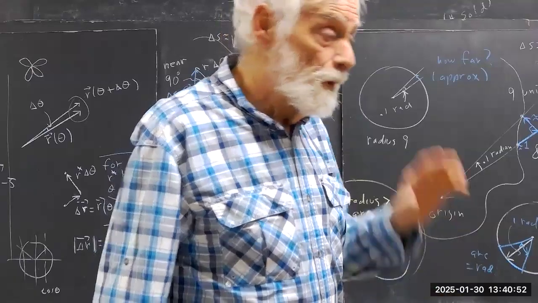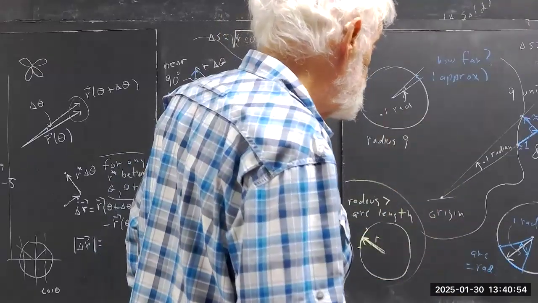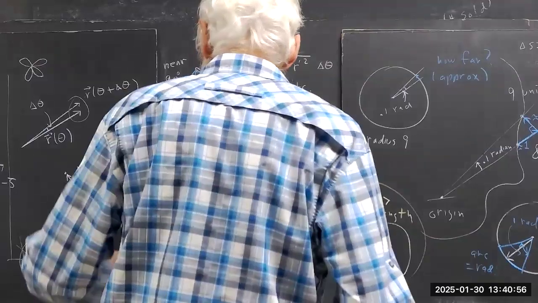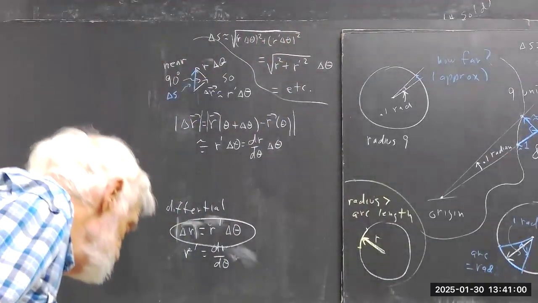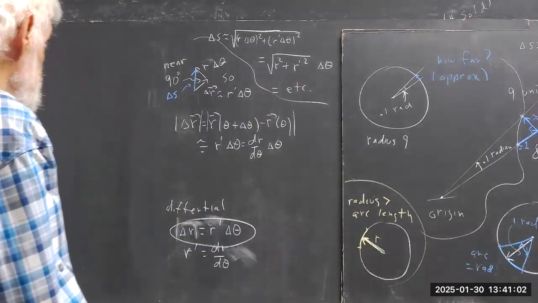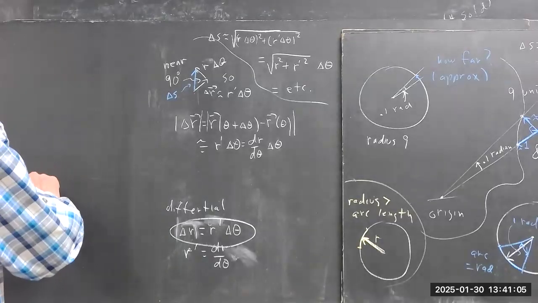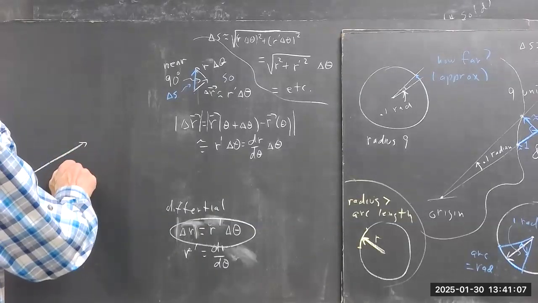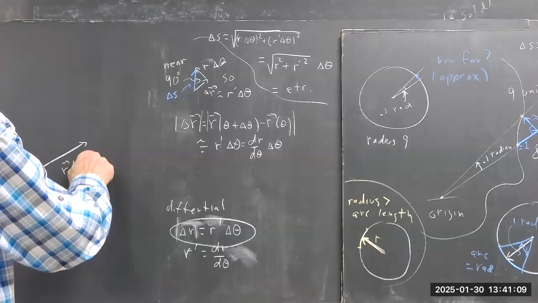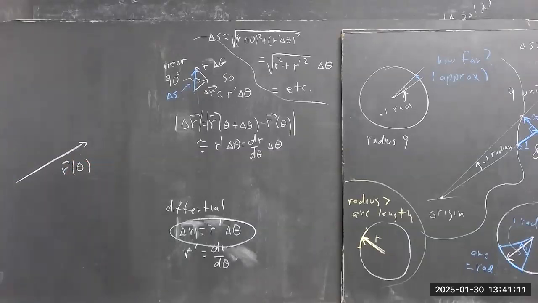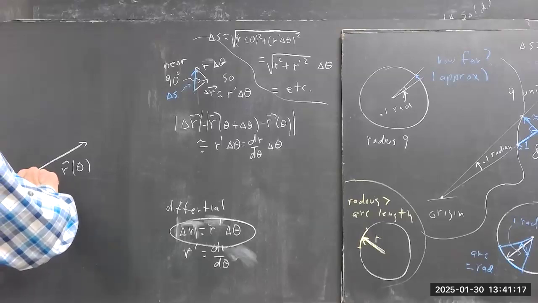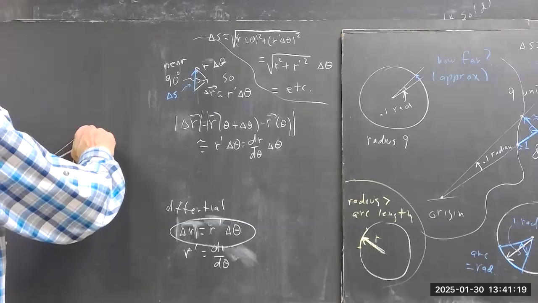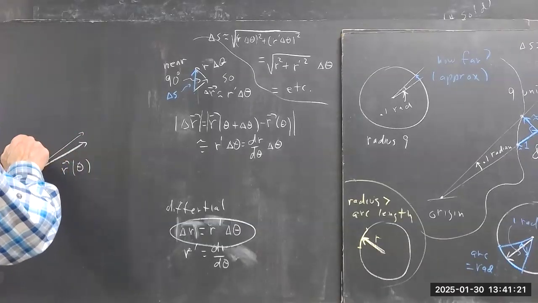Okay. That area, is there a picture that's on. Okay, here's R theta. Here's a small delta theta.